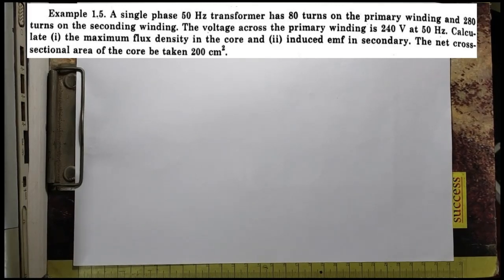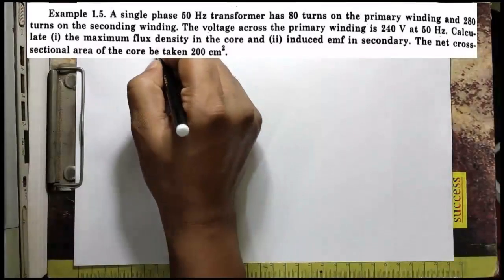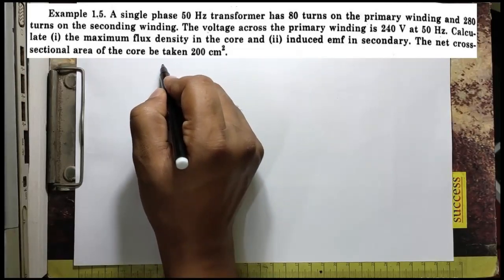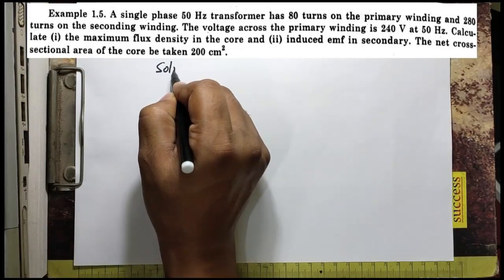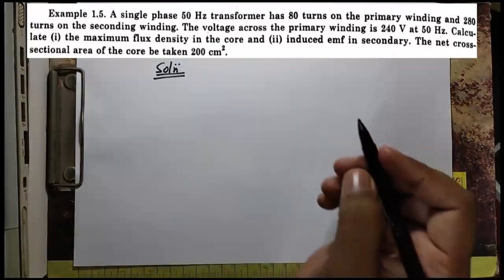To solve any numerical, the best way is to first write all the given parameters with the symbols which we generally use. Here in this numerical we can see that primary induced EMF is given. So this is the solution.